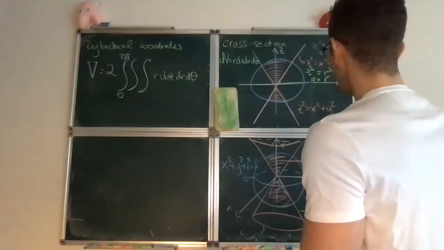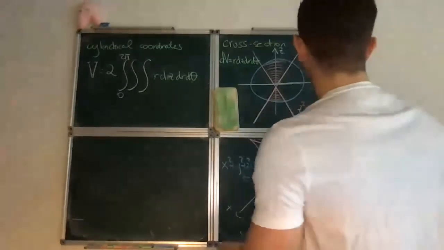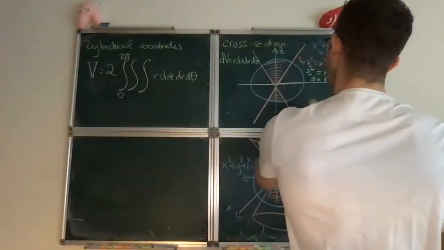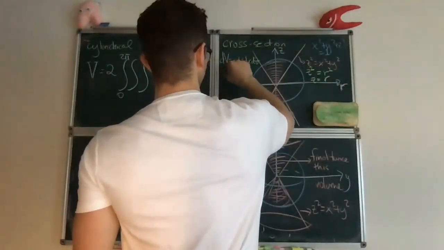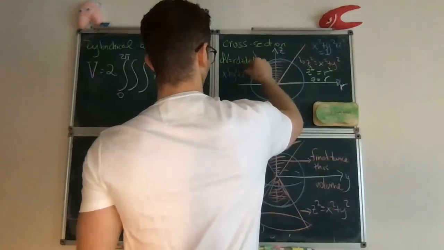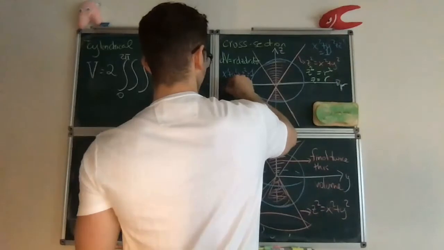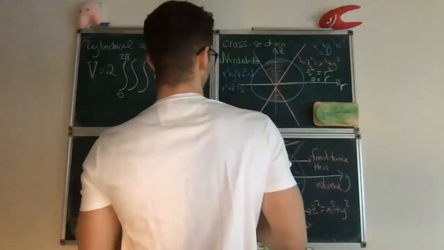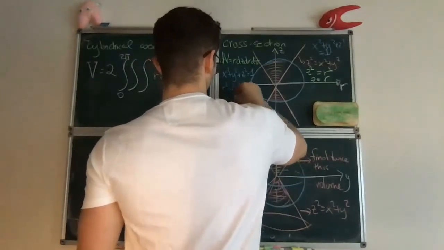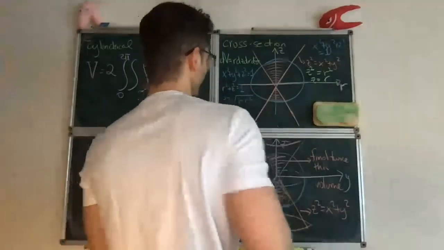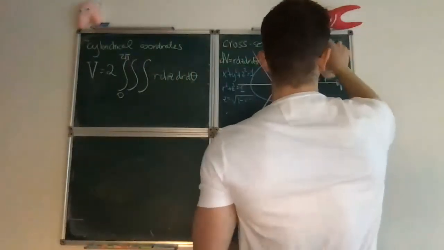Then the other equation that we need is the equation for the sphere in cylindrical coordinates, which becomes r squared plus z squared equals 1, and that allows you to solve for z: z equals root of 1 minus r squared. Again, there would be a plus or minus, strictly speaking, but that's not necessary in this case.